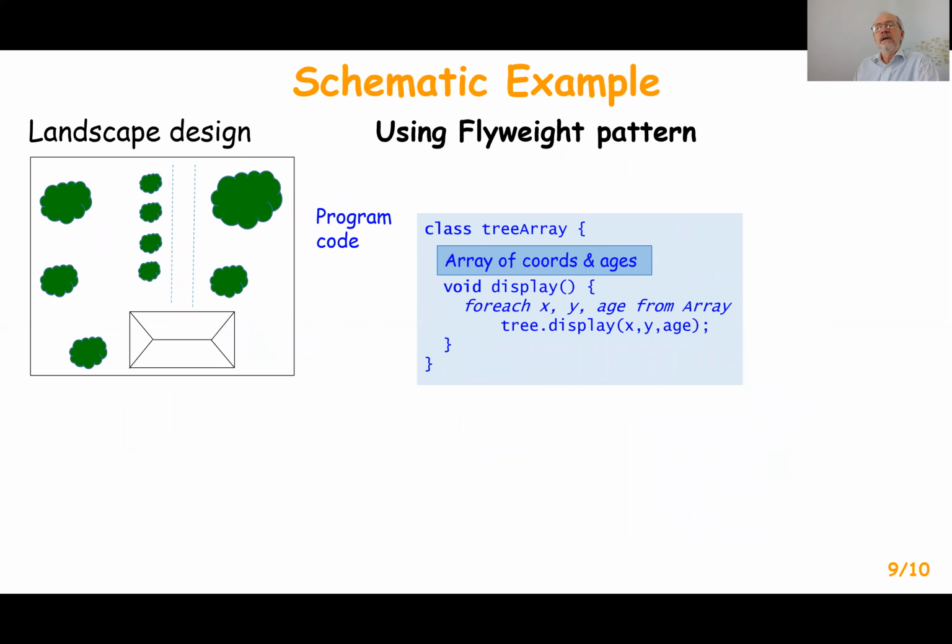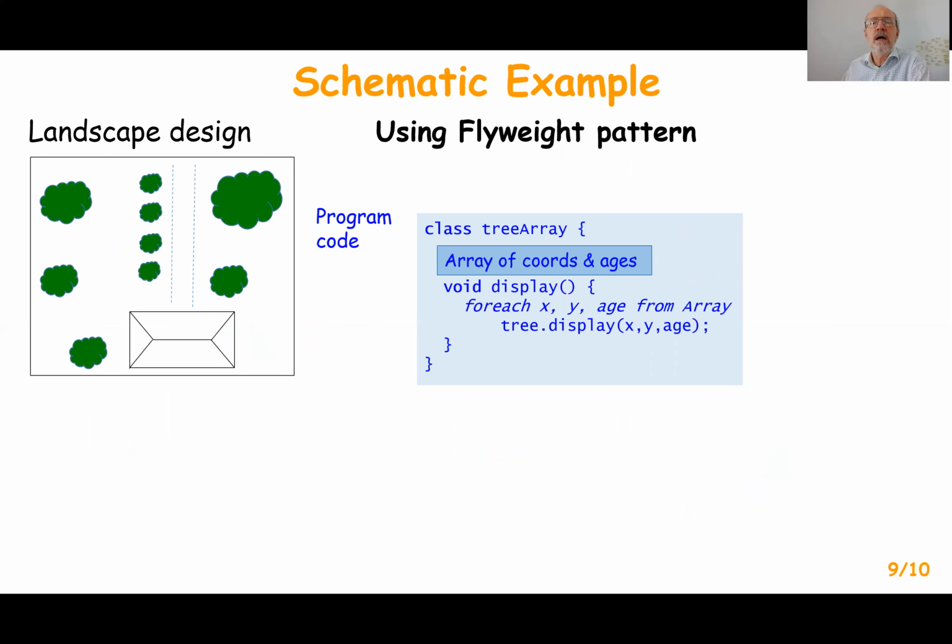Look, instead of having a tree instance for each tree, I have specified a class called TreeArray. The idea behind this class is that it should keep the information or attributes of all trees in the area.